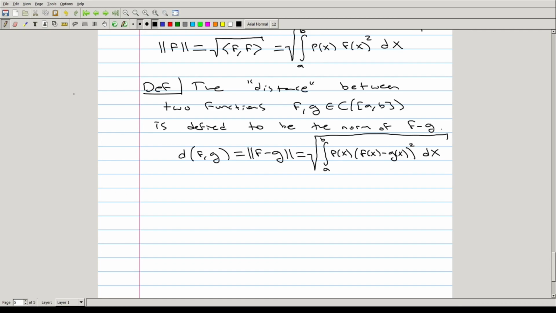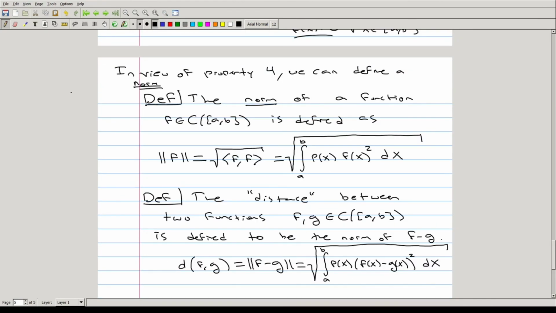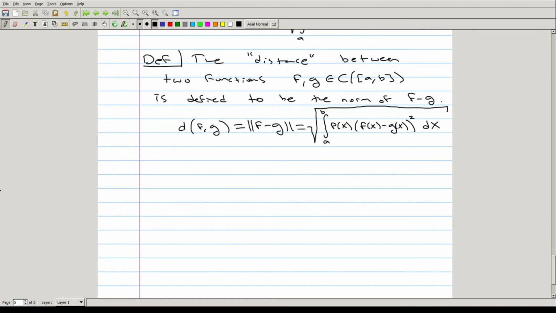So really we'll be focusing on vector spaces that are either C of [a, b] or subsets of C of [a, b], because this is where the application of Fourier series is going to be really important.